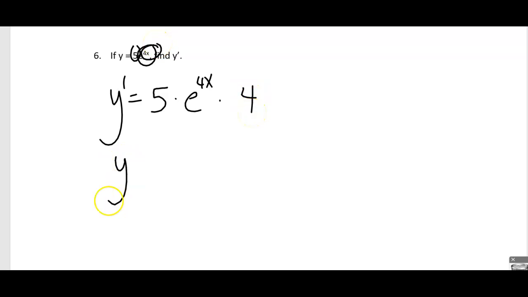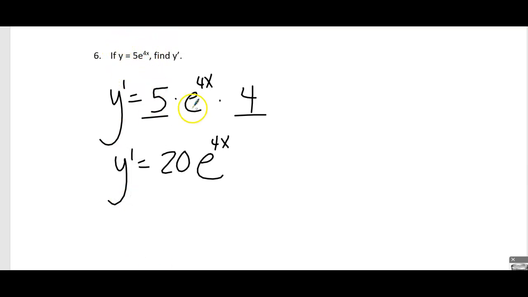So if we go ahead and put the 5 and 4 together, we get that. So this was a chain rule with a constant multiple rule involved. So the chain rule is e is the outside function and 4x is the inside. So we have our derivative of the outside multiplied by the derivative of the inside. And then we have our constant multiple here, the 5. It just stays there, and we put the 5 and 4 together.